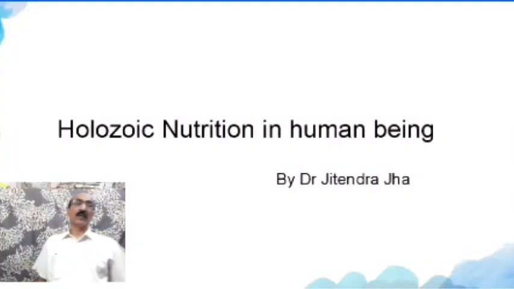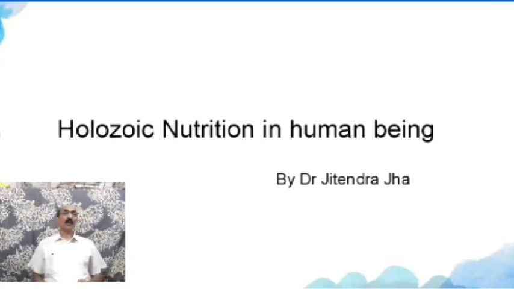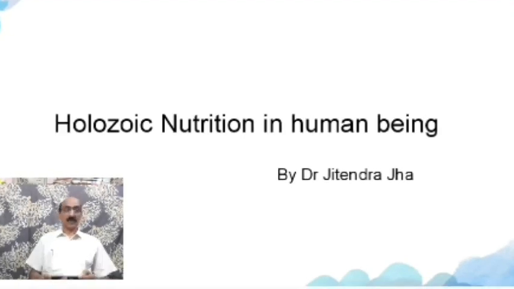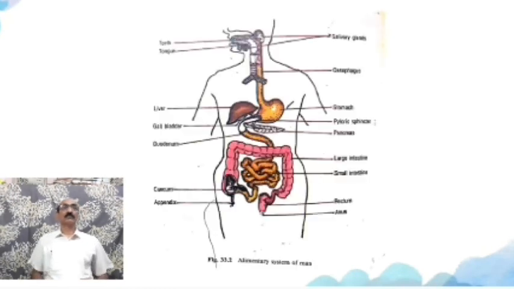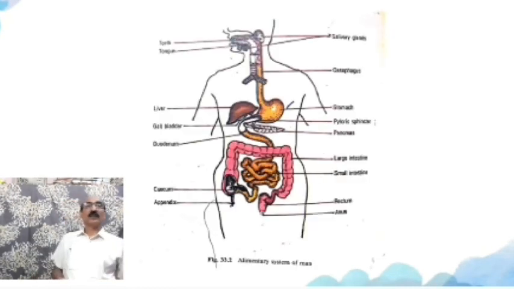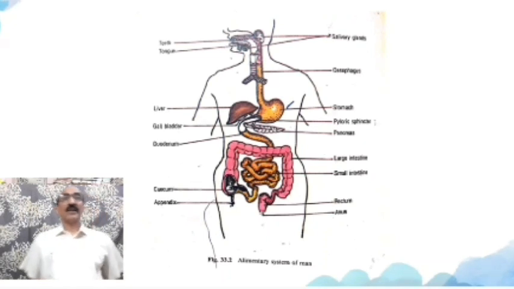In the human being, there is a long tubular and muscular structure that is open end to end, called the alimentary canal. It is about 8 to 9 meters long and constitutes the actual digestive system. Now, this is the digestive system or alimentary canal in human being.